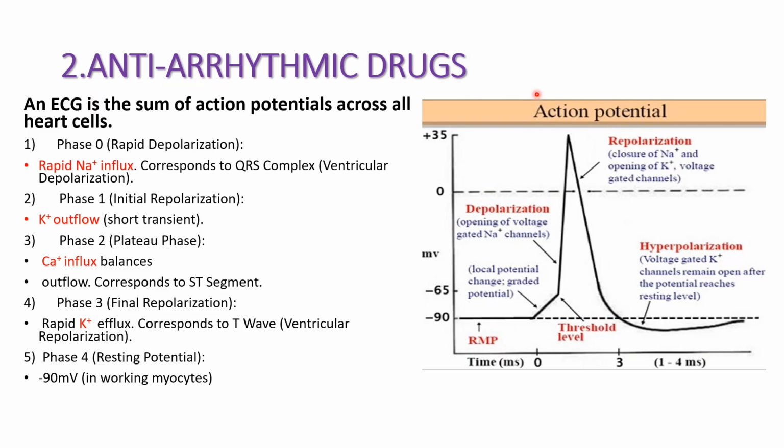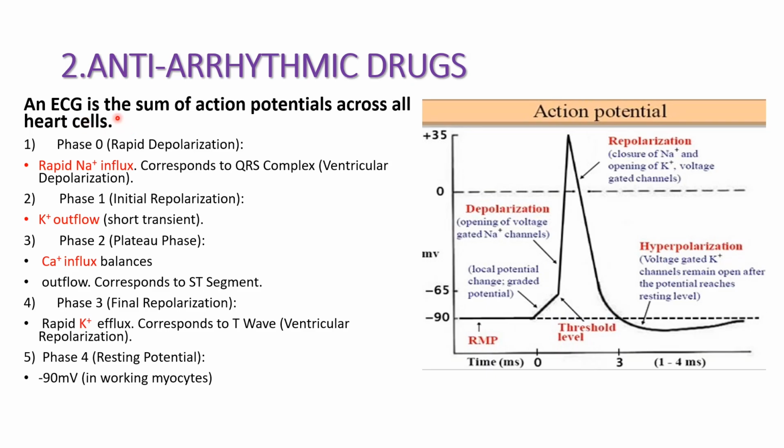Coming to the more specific anti-arrhythmic drugs, the major point to be remembered is the action potential. So we need to know about the ECG. ECG is nothing but electrocardiogram, which you all already know about.